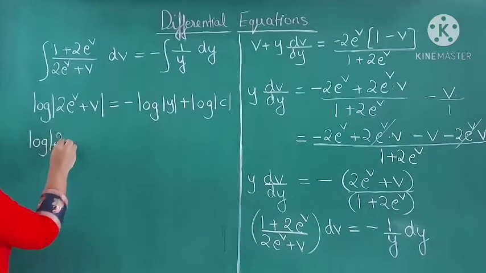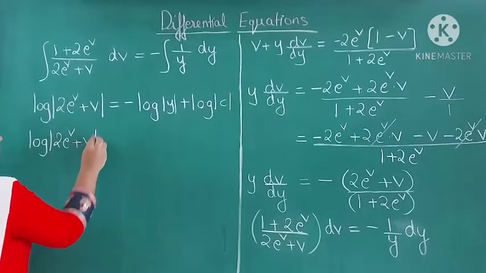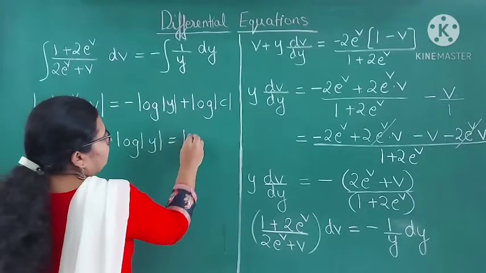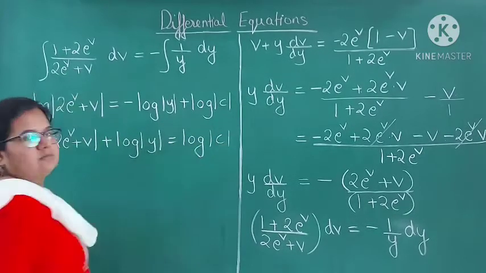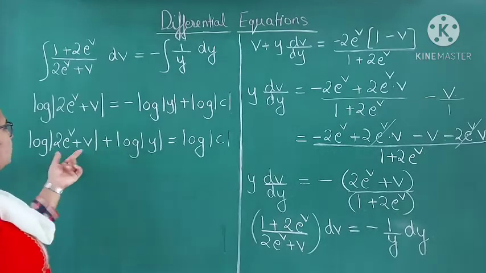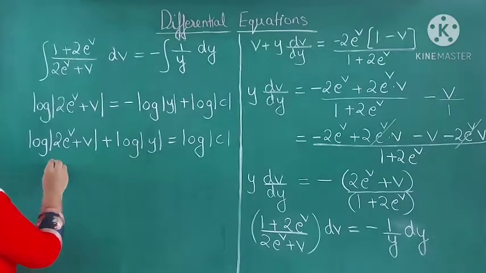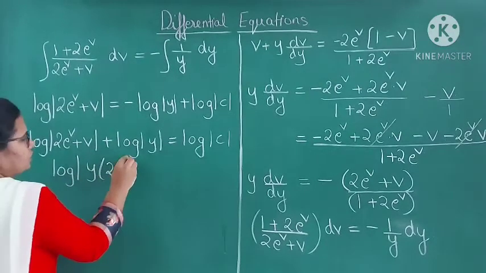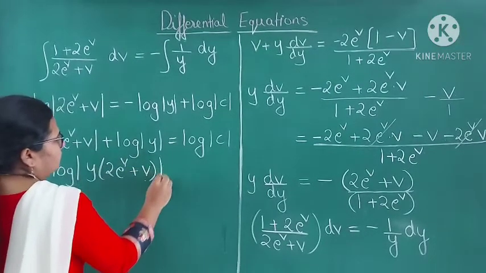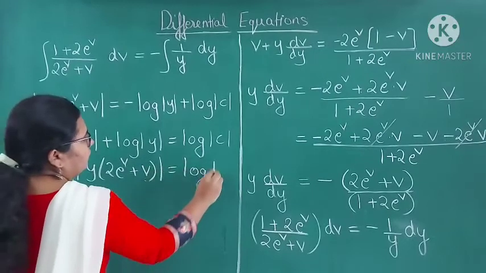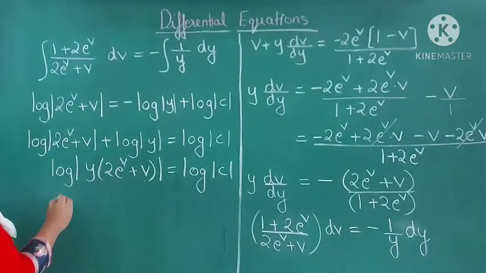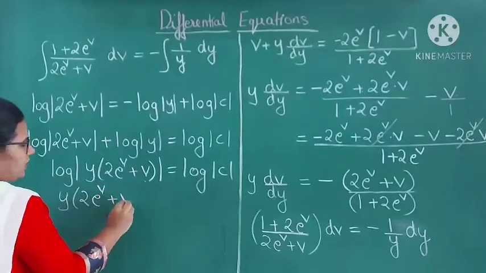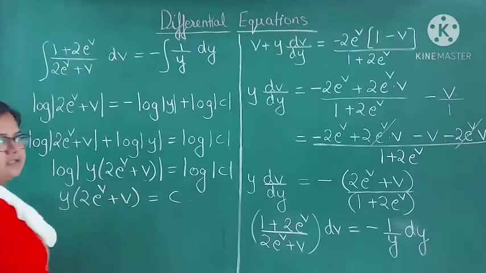So log of 2 e raised to v plus v plus log of y is equal to log c. Yes, plus sign means the terms will get multiplied. So by law of product, y into 2 e raised to v plus v is equal to log of c. So comparing both sides, what you get? y into 2 e raised to v plus v is equal to c.